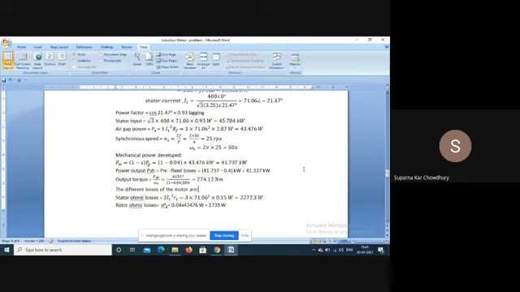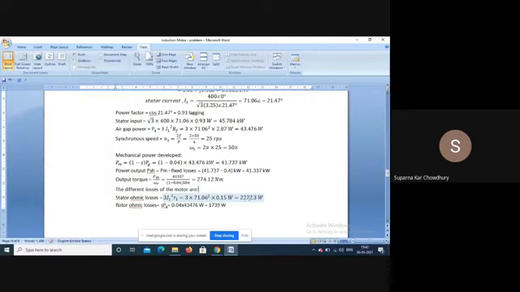The different losses of the motor are as follows. First one is the stator ohmic loss, that will be 3 I1 square into R1. So 3, I1 is 71.06 and R1 is 0.15.